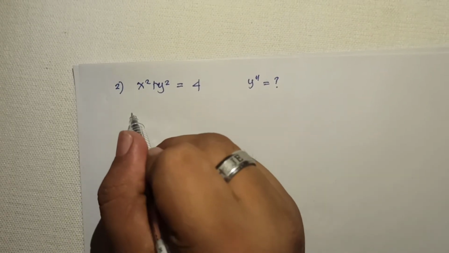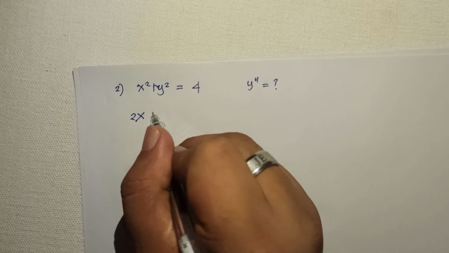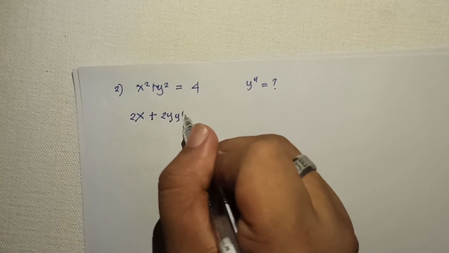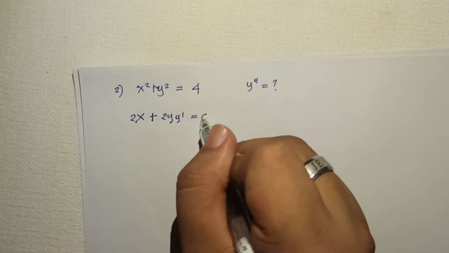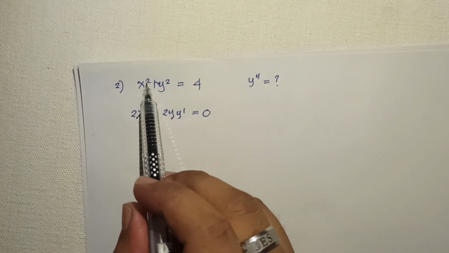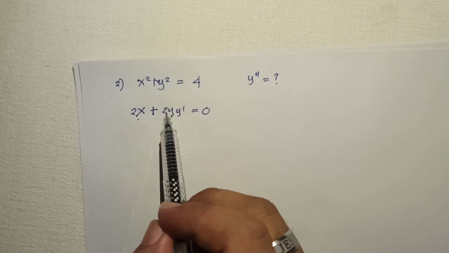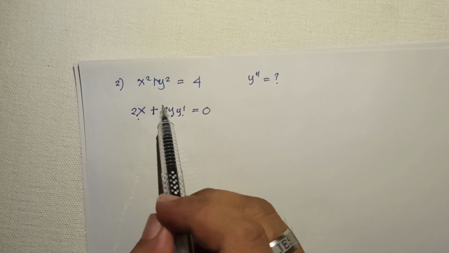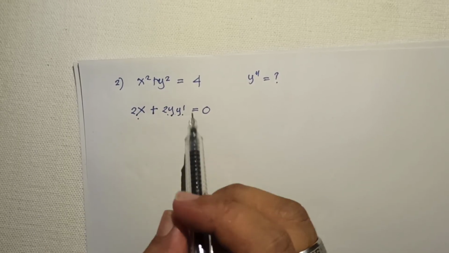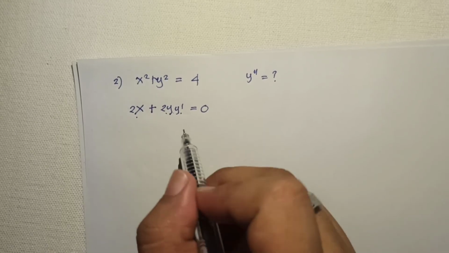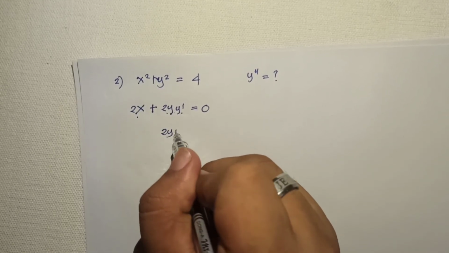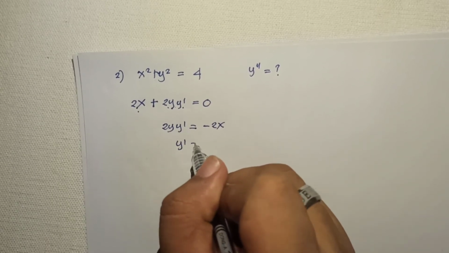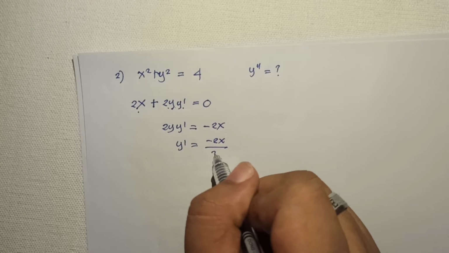So this is 2x plus 2y y prime, since that is an implicit function, is equal to the derivative of this one, which is 0. And we need to get the y prime, so we have 2y y prime is equal to negative 2x. So y prime is equal to negative 2x over 2y.